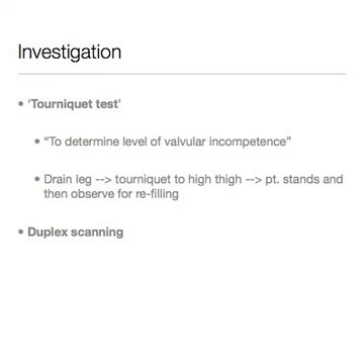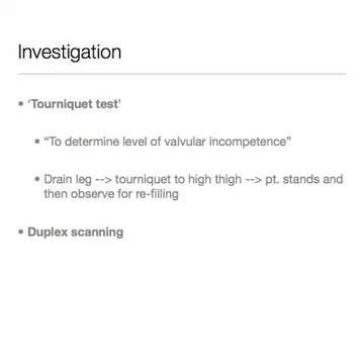If the vein refills despite having applied the tourniquet, this suggests that valvular incompetence is present within the perforating veins which connect the deep venous system to the superficial system. The tourniquet may then be applied at progressively lower levels down the leg in order to establish the location at which perforator incompetence occurs.